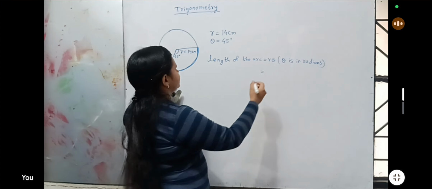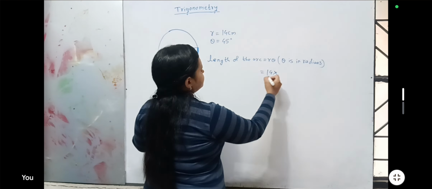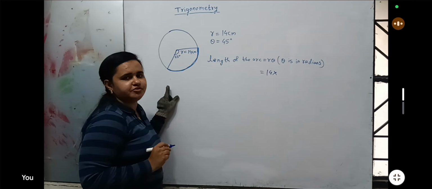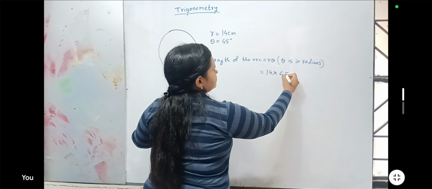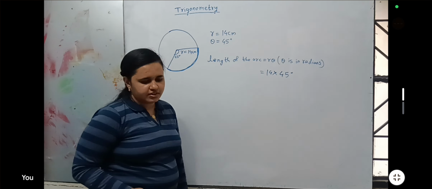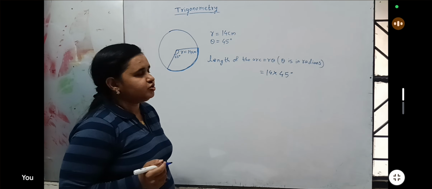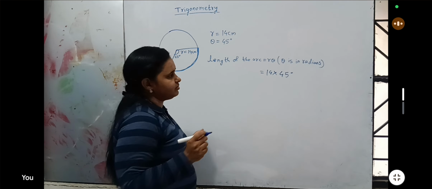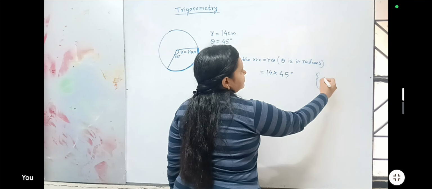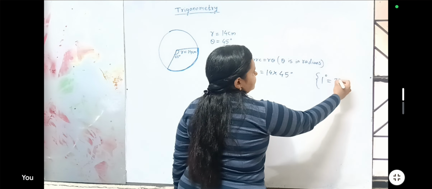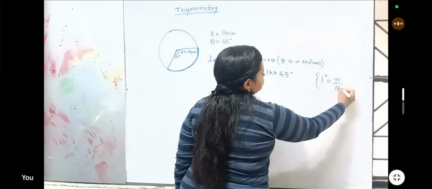Okay, R is given as 14 centimeter and theta is given as 45 degree. For converting degree to radians, the formula is 1 degree is equal to pi by 180.